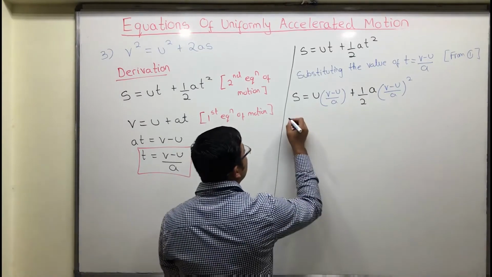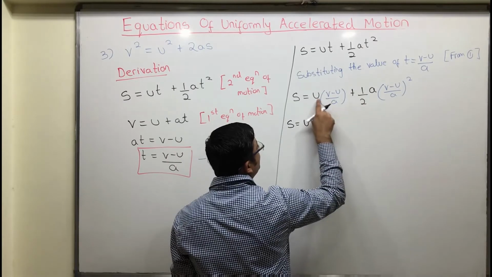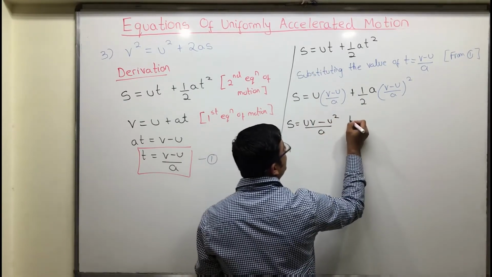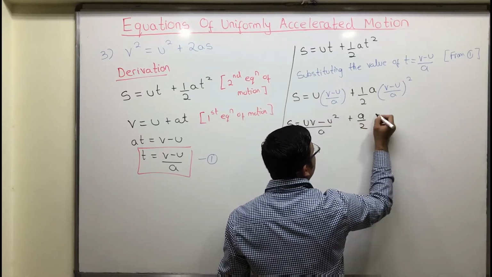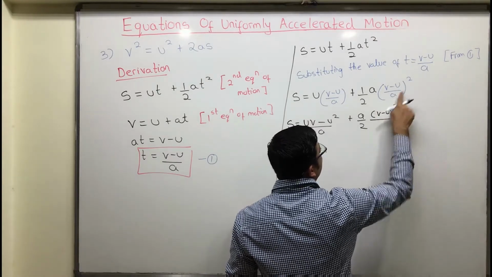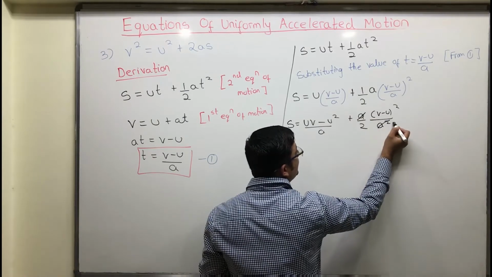So let's do this. s is equal to u into v, uv minus u into u, u square by a, plus now we have a by 2 into v minus u the whole square upon a square. Right guys? So this a and this a cancel off.